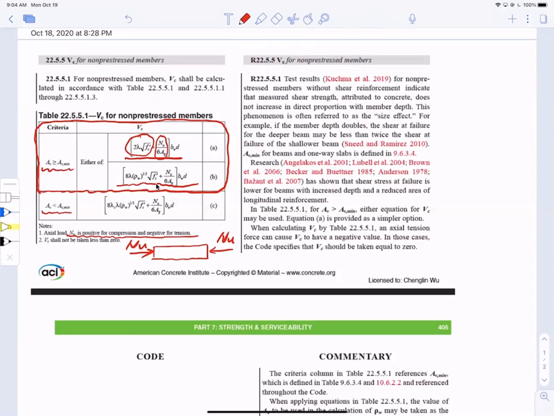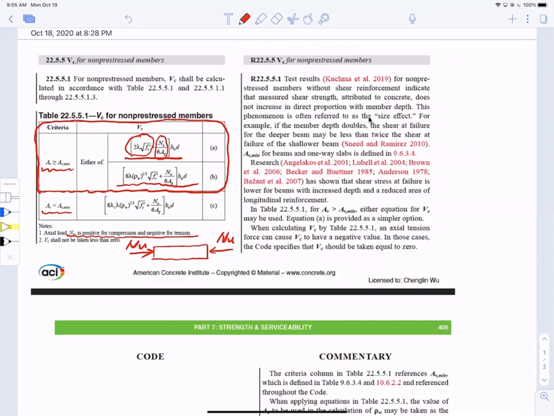Okay, so that's the additional part. Now in our design regularly, we don't have any compression forces. In all the homework and exam problems that we have seen and you will be seeing, we usually don't have compression forces. So this part is not different from what we've been teaching on 14. It's almost identical.